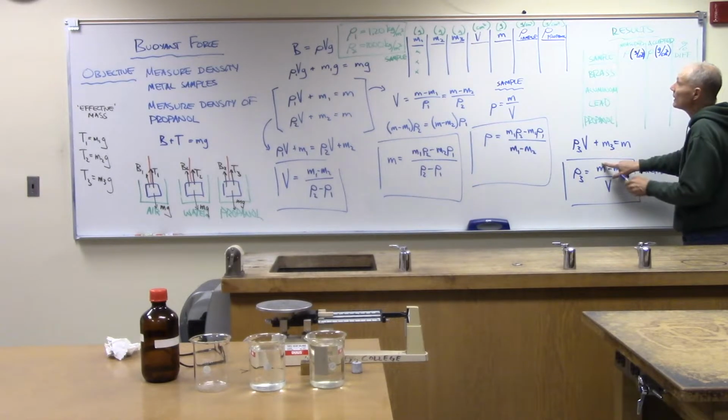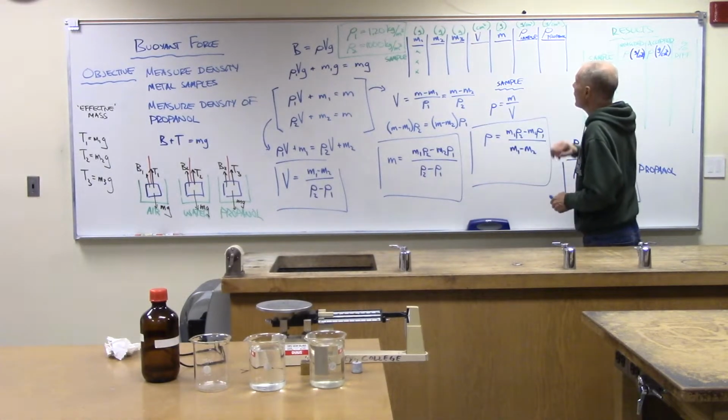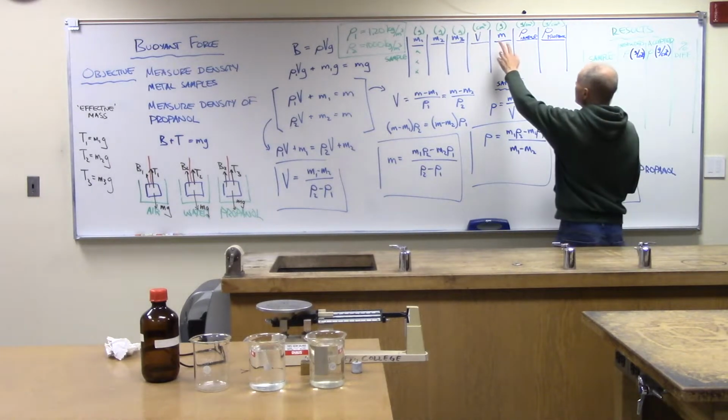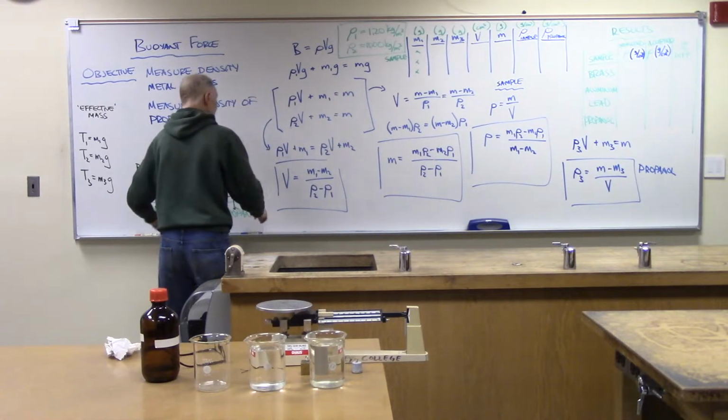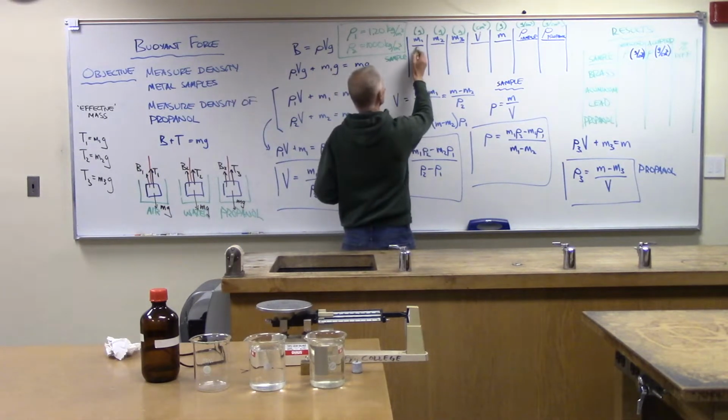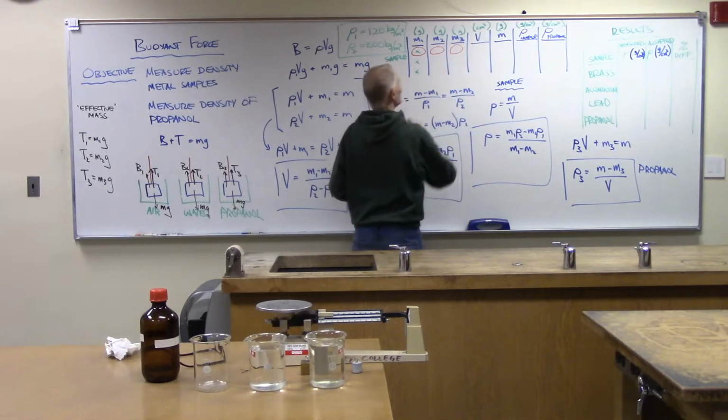We can get that by taking each row up here, and taking the M value. So let's say we did a bunch of measurements with the brass cube. I'm going to take the brass cube, and I'm going to get an M1, an M2, and an M3.